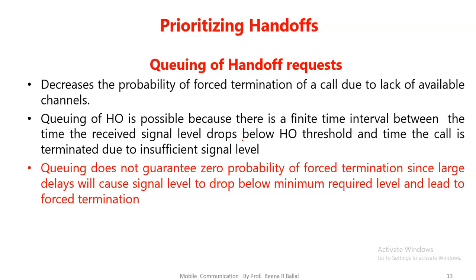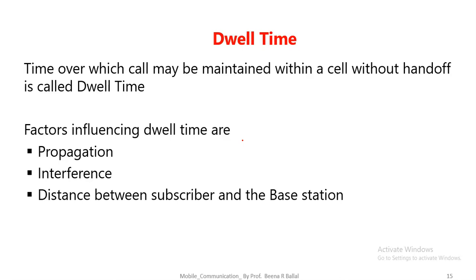So in order to prioritize the handoff, I have got two methods. One is the guard channel concept, where some channels are permanently allocated, and queuing of handoff request is the second one, where you are queuing the handoff, and depending on the requirement, you service the handoff request.